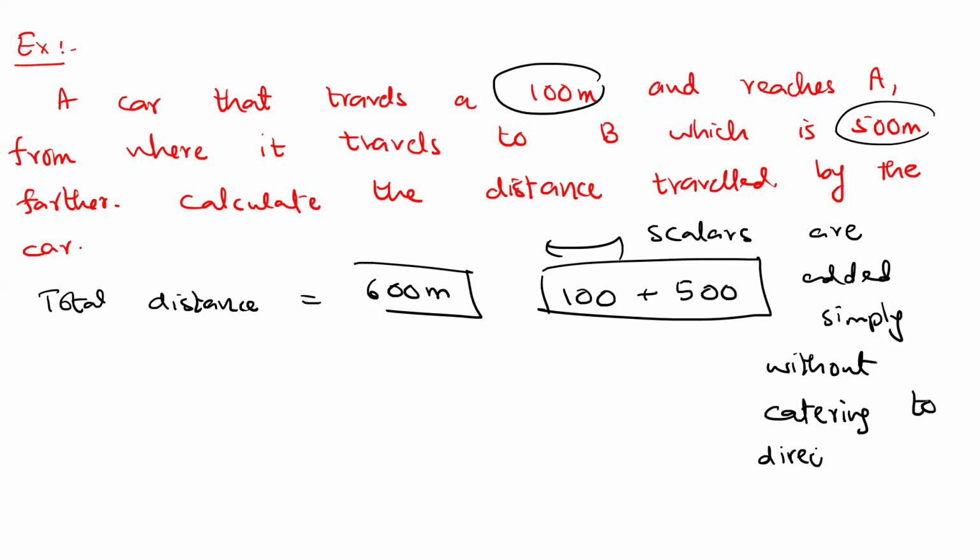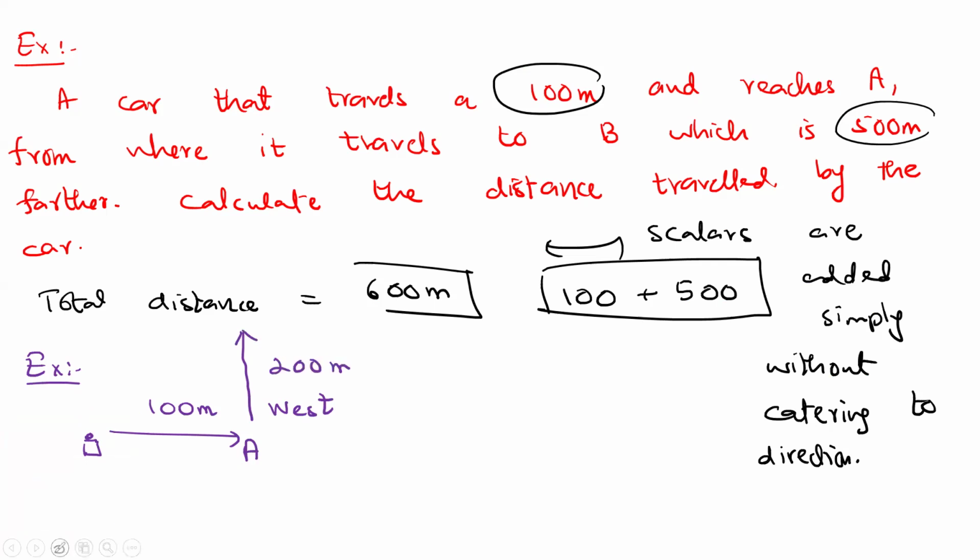But had the same question been specifying some directions, let's say there is a car that moved 100 meters west, reaches point A, then from here, that car moved 200 meters, sorry, it should be east, right?